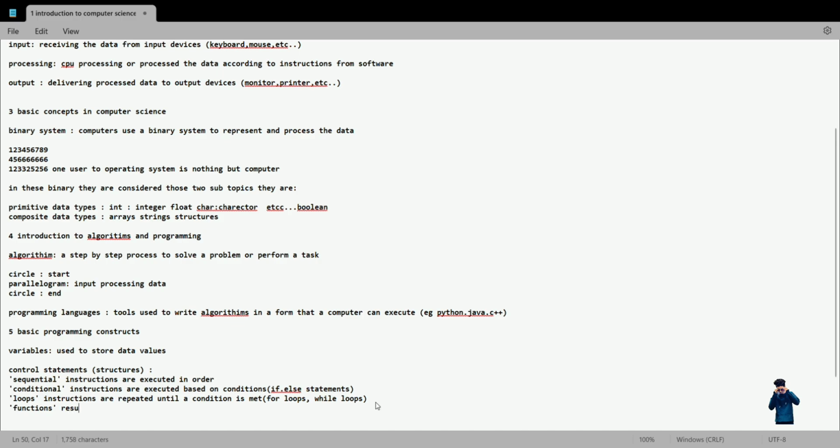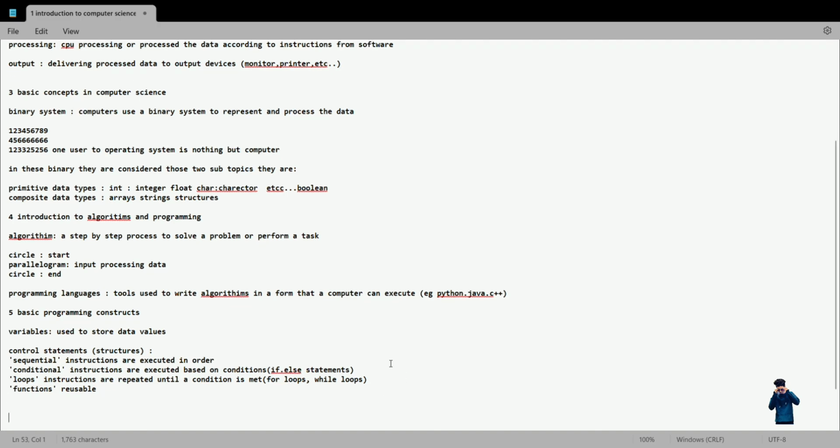Functions are reusable blocks of code, sorry for the spelling mistake, reusable blocks of code that perform specific tasks. So this is the way to understand.